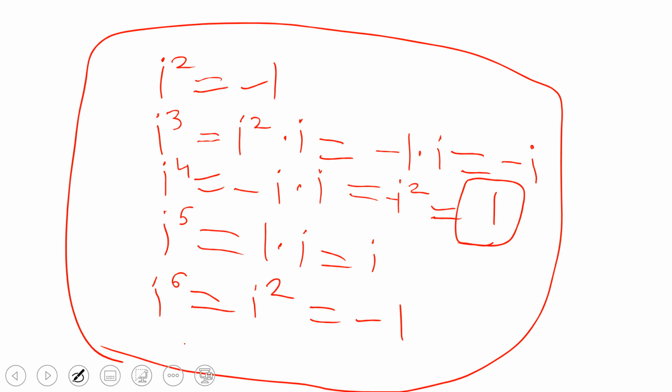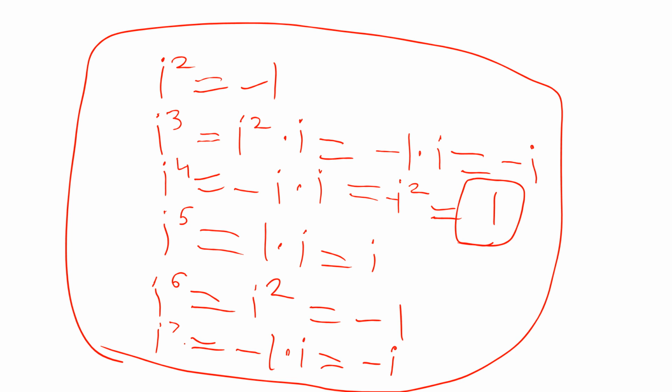We have -1, -i, 1, i, -1, and we should check i to the seventh should be equal to i cubed if this pattern is going right. i to the sixth is -1, times i is -i, and sure enough, it matches up with i cubed. So we see from this pattern that every time we go -1, -i, 1, i, -1, -i.